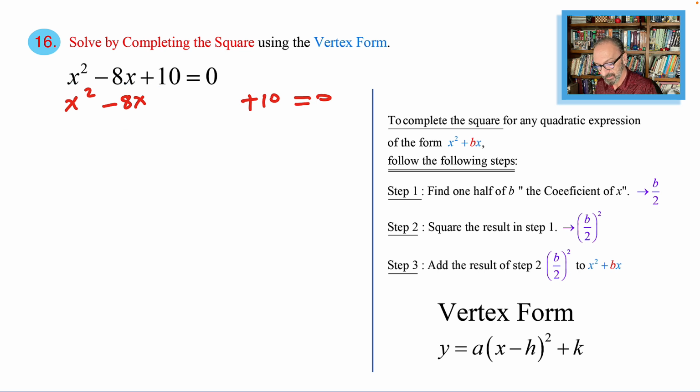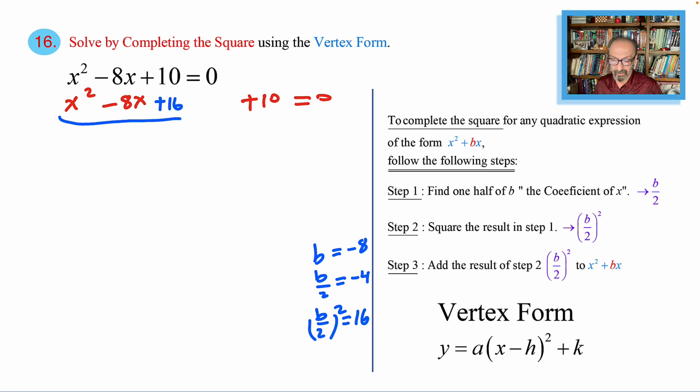In this case, b is negative 8. b over 2, step number 2, take half of that, which is -4. b over 2 square it. After you take half of b, you square that, which is a positive 16. That is what we need to bring to make it a perfect square. So we could add 16 right here, and that will make it perfect square.